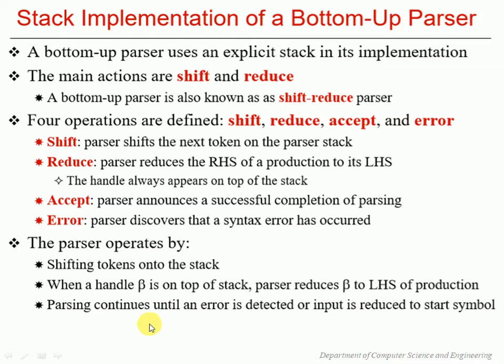Parsing continues until an error is detected or the input is reduced to the start symbol. Error detected means the error operation is performed, and if the input is reduced to the start symbol, you have the accept operation. So shift and reduce are the two main operations, and you halt by accept and error.